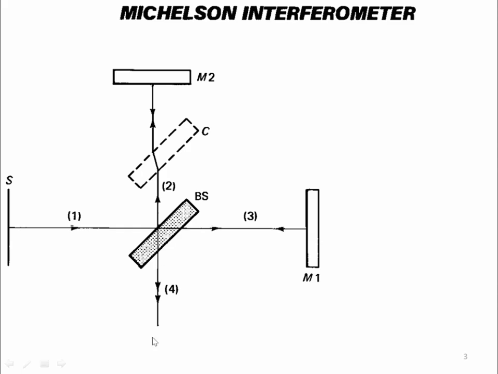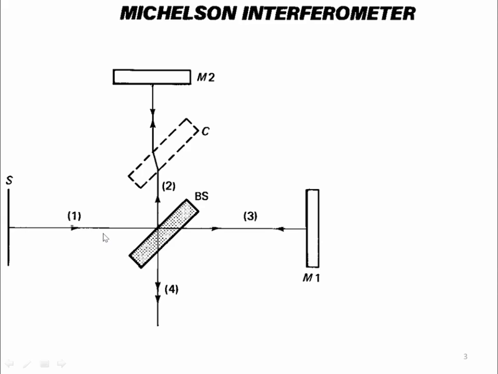Finally, this is the region where the interference of the two is studied. The mirrors M1 and M2 have 100% reflection, just like our simple looking glasses, and they reflect the light completely.